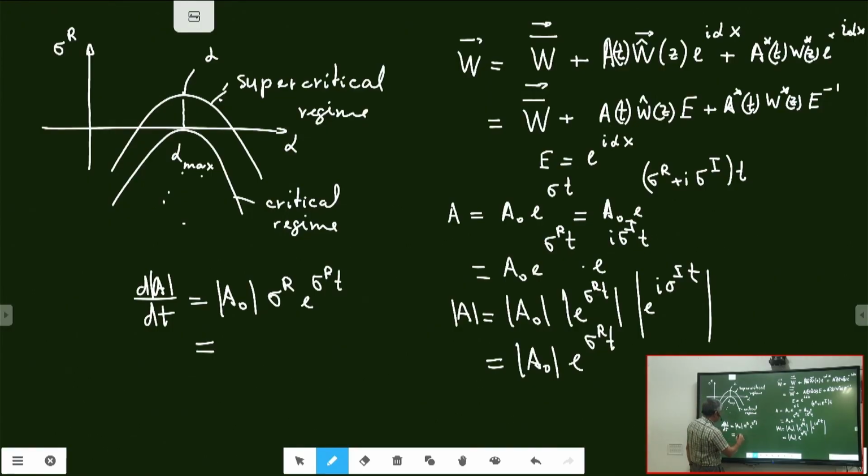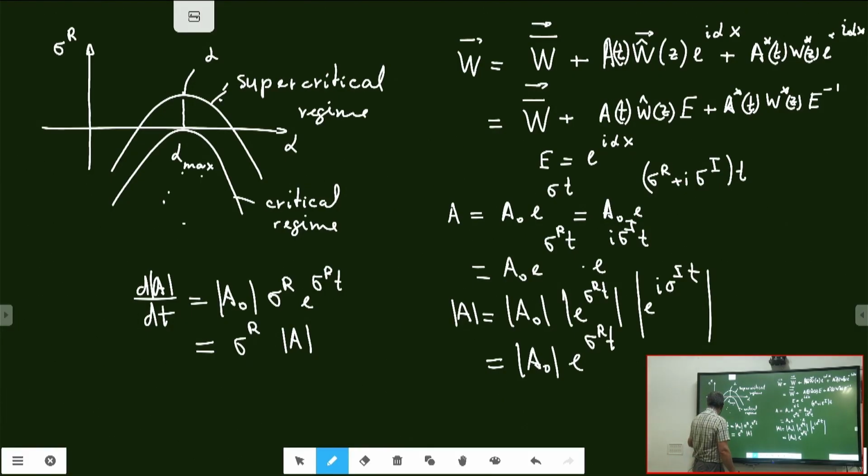So which of course is equal to simply sigma r multiplied by magnitude of A itself, right? So you can see that. It is A0 e to the power sigma r t, that's this, so therefore this is the magnitude of A. And the only thing is that we multiplied by sigma r. Is that clear? Okay, good.